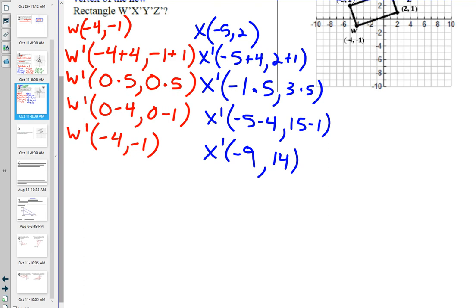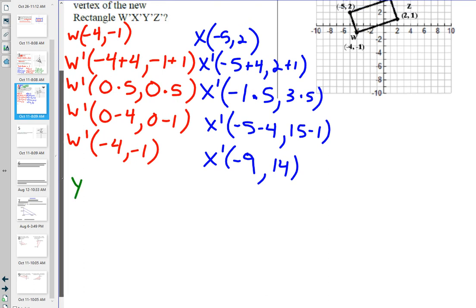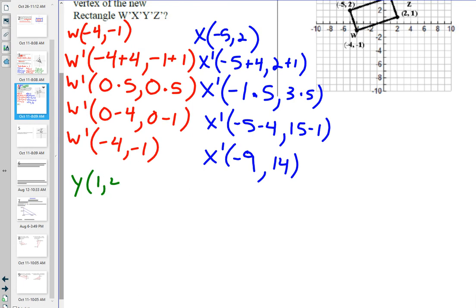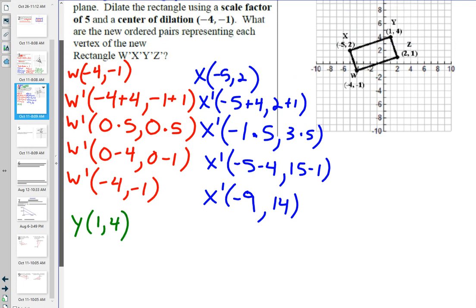Why don't you guys do the y? Y is starting off at 1, 4. Raise your hand when you have it. Let me know where you're going to end up at.